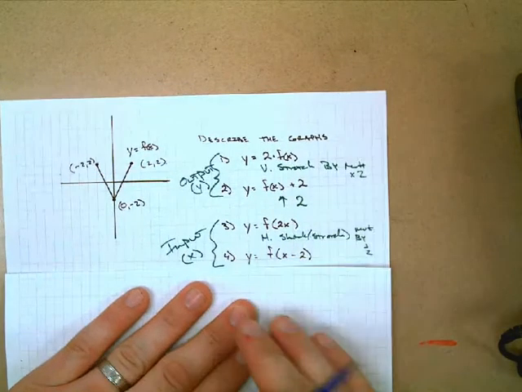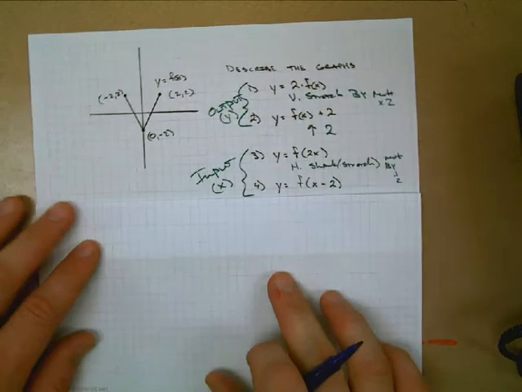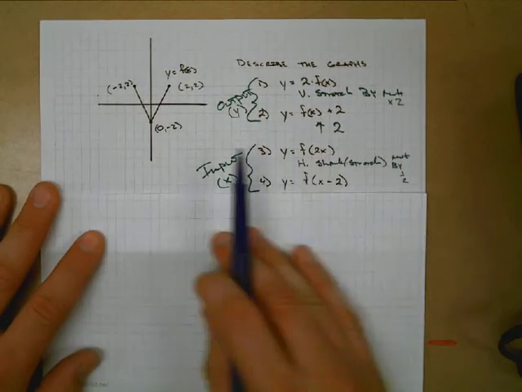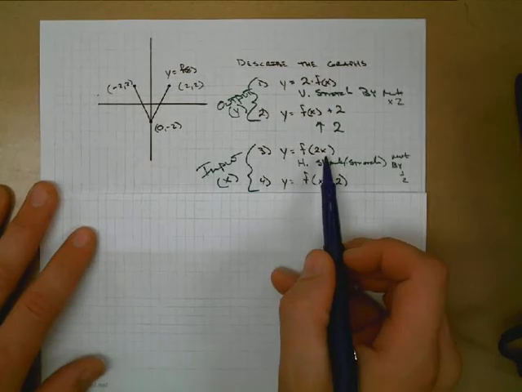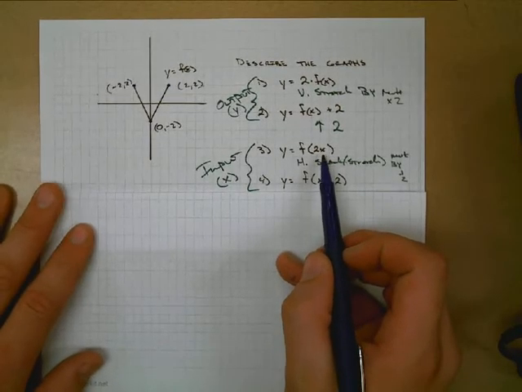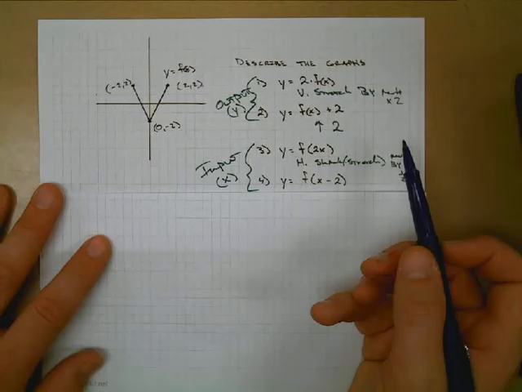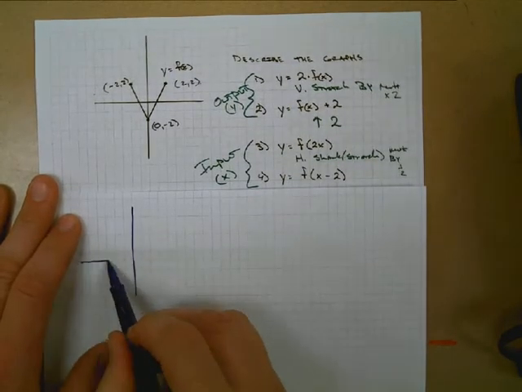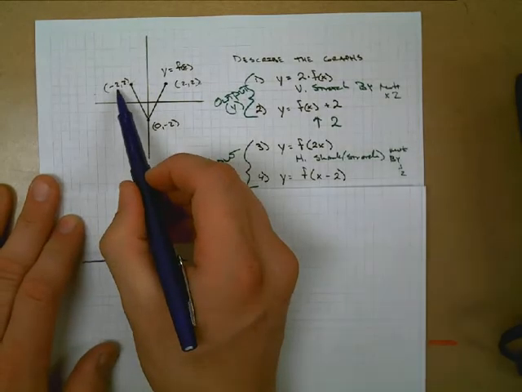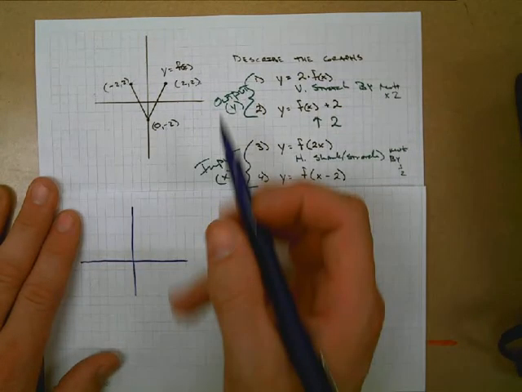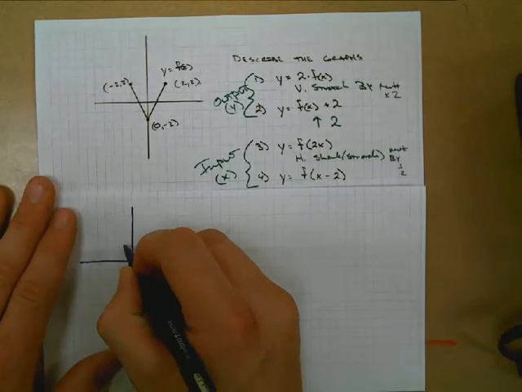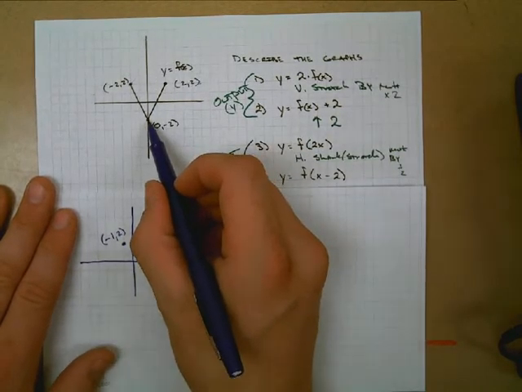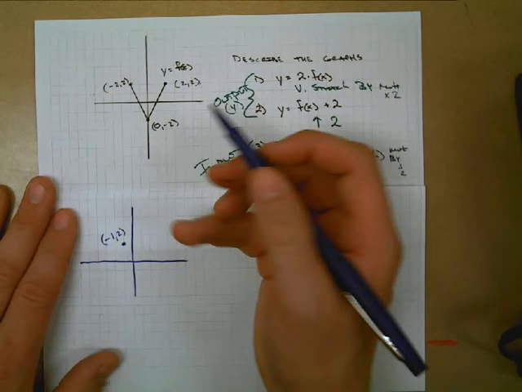Alrighty, so now let's do our horizontal shifts. This horizontal shift by a factor of 2, or shrink by a factor of 2, it's multiplying 2 on the inside, so we do the inverse to the input, so the x value gets divided by 2. So instead of having negative 2, 2, this x value multiplied by 1/2 would be negative 1, so we have negative 1, 2. This x value multiplied by 1/2, 0 times 1/2 is still 0, so this is still at 0, negative 2.